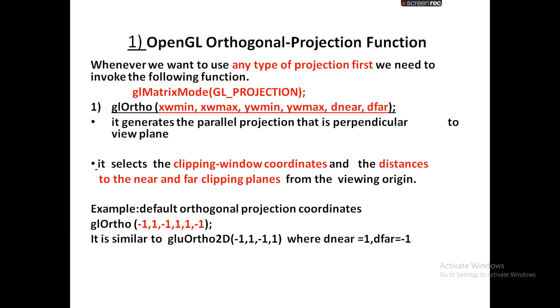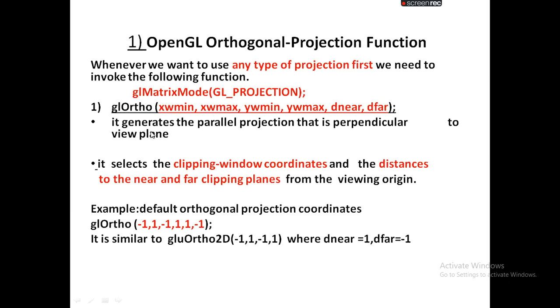This glOrtho function defines that we are using parallel projections to project the given three-dimensional object description on the screen of the monitor.